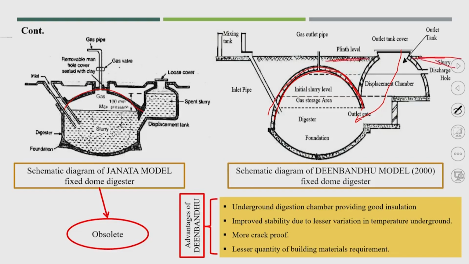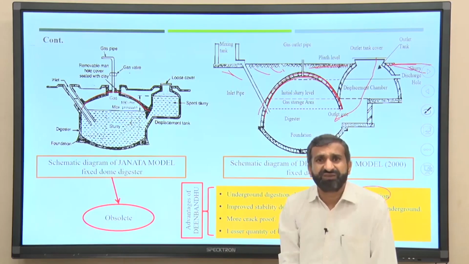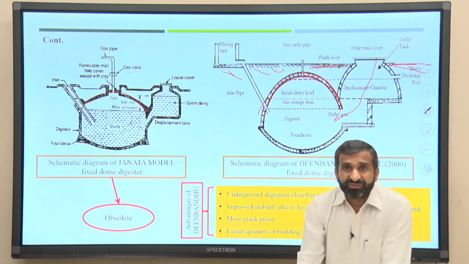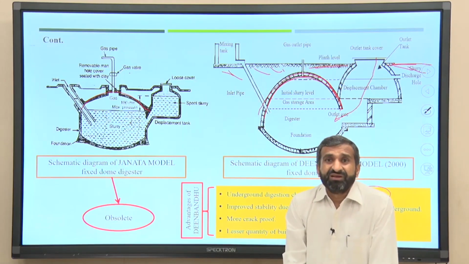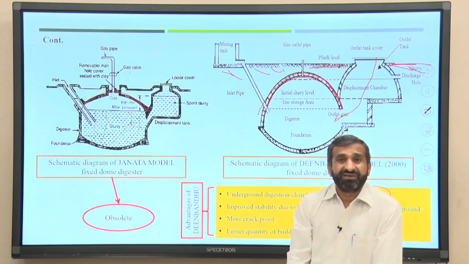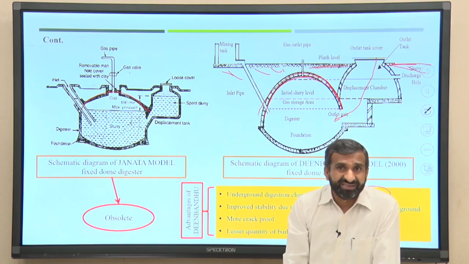So, the entire construction is underground. Because of that it becomes good insulation, because normally it is believed that this anaerobic digestion process is highly affected by the local conditions, and in a country like India you will find not only different temperatures but different climatic conditions in the entire year.